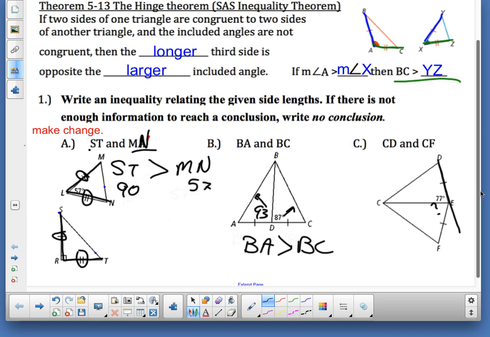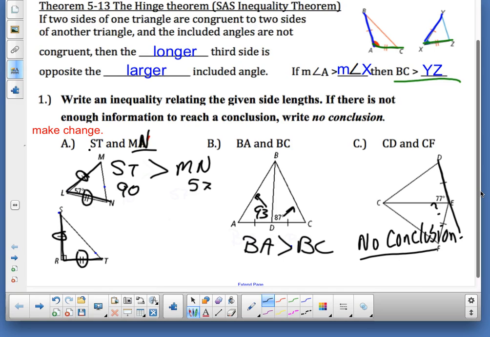I have no idea. Although I have fixed sides, I have that reflexive property and everything else. So I have to write no conclusion here as my answer. Okay? Are you all okay with the reason why I'm doing that? Head bobbles? Going back and forth?